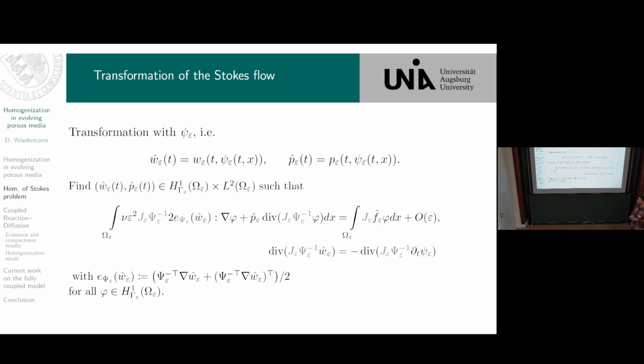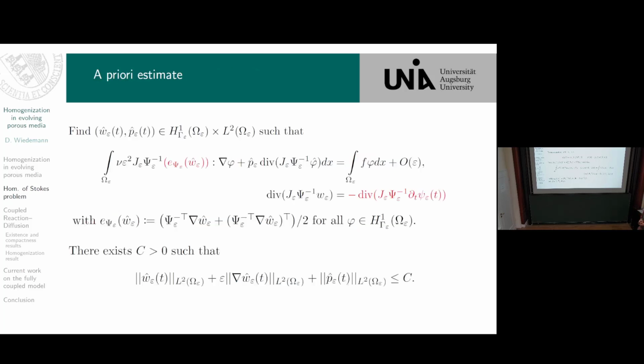And now this complicates the homogenization because we have to derive the a priori estimates. So we need these classical a priori estimates for the homogenization. The second difficulty arises because of this inhomogeneous divergence condition here.